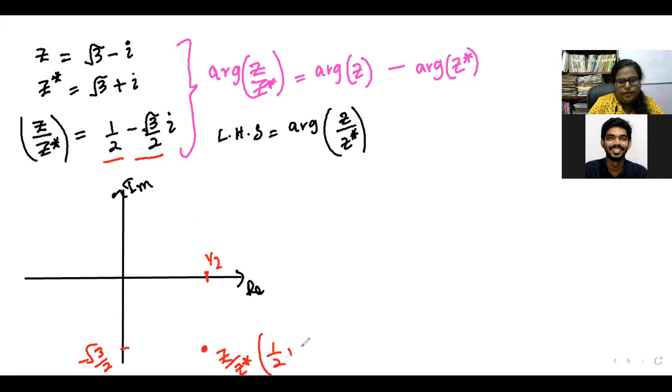So half, minus square root 3 over 2. This is the coordinate that we have, and this is the complex number we have, right? So the arg value of some complex number is, we have to take this angle. This angle means the angle formed by the line connecting the complex number and the origin, measured from the positive real axis.